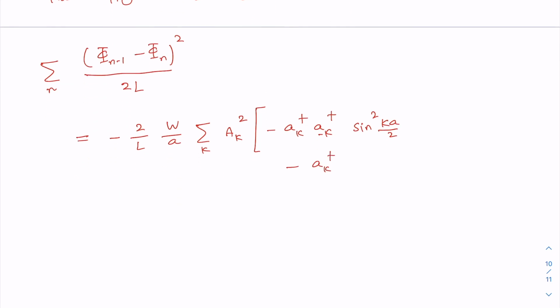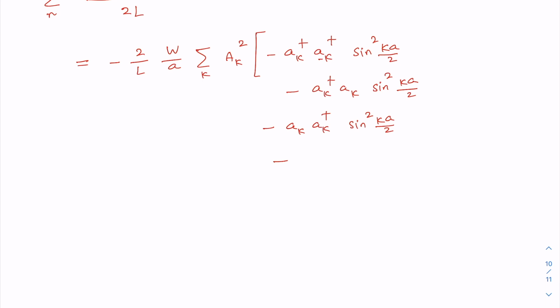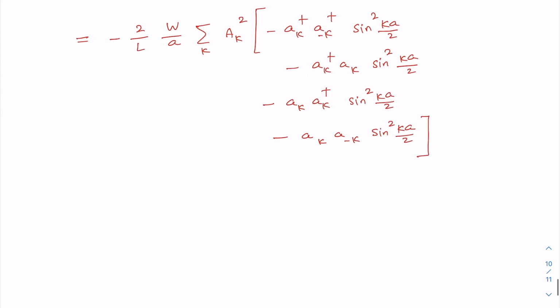minus ak dagger ak sine square ka by 2, minus, you will get ak dagger sine square ka by 2, and you will get finally minus ak a minus k sine square ka by 2. So these are the terms you will get.